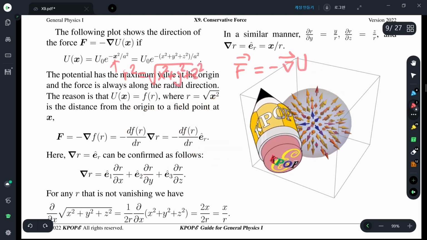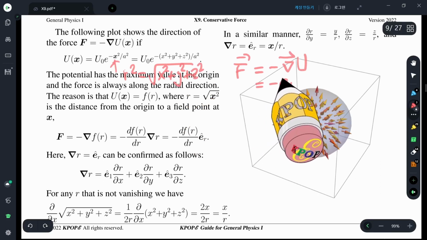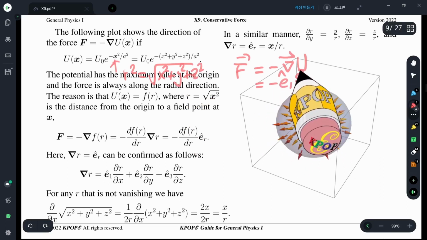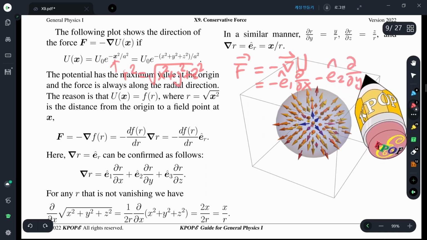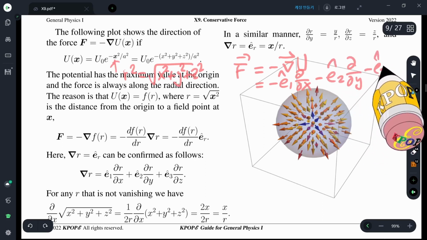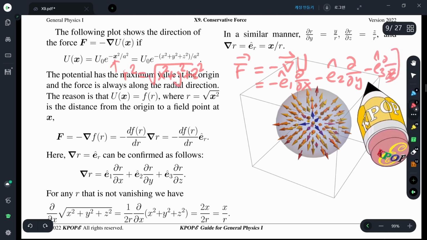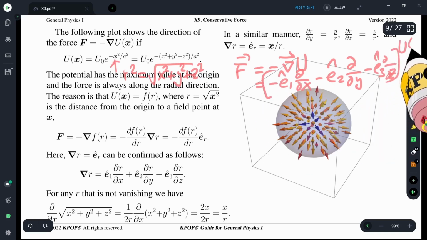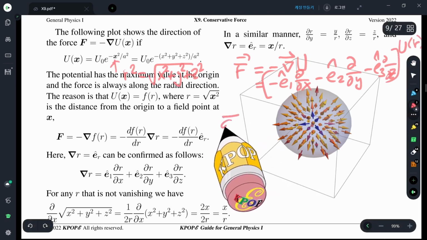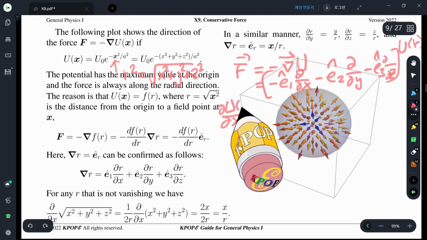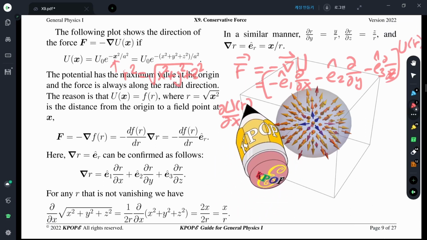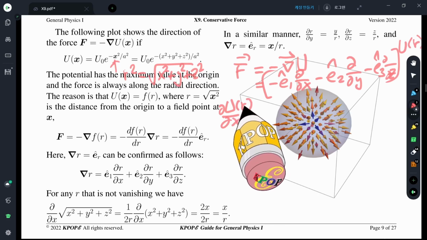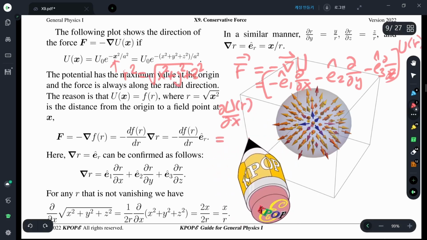This gradient u is a minus e1 hat x partial derivative, e2 y partial derivative, e3 z partial derivative of u of r. So what I need to do is the x derivative of u of r. Because it is a function of r only, we can apply the chain rule.